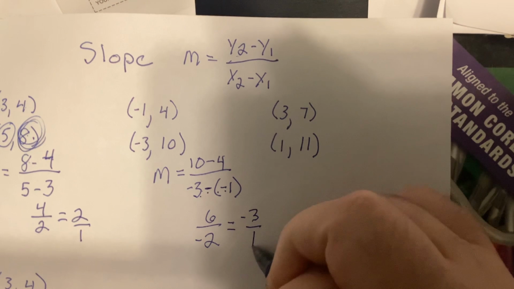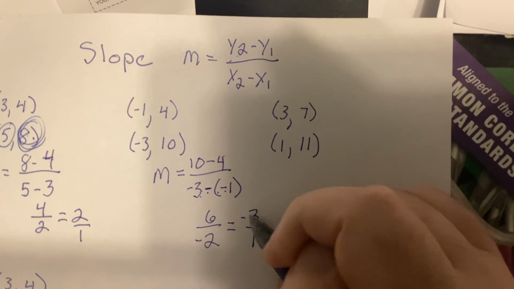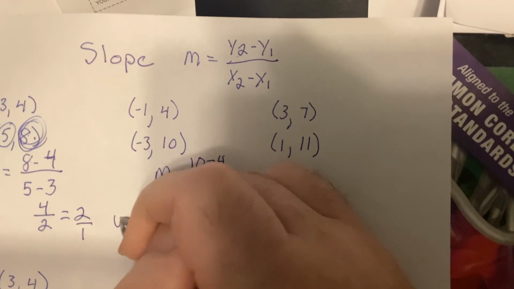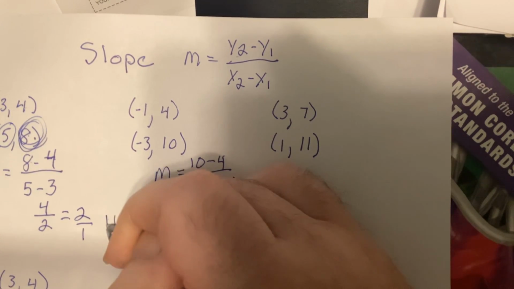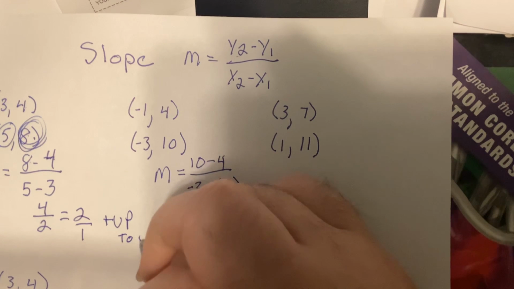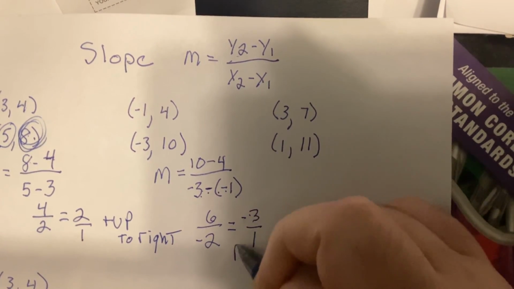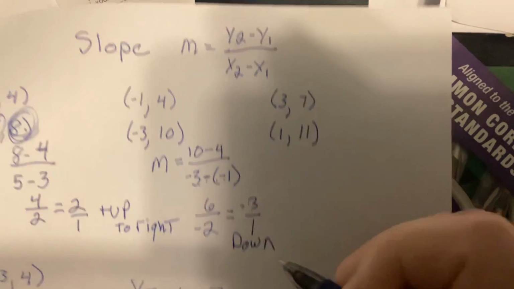Now, if the slope is negative, that means you're going down to the right. Positive is up to the right. Negative, down to the right.